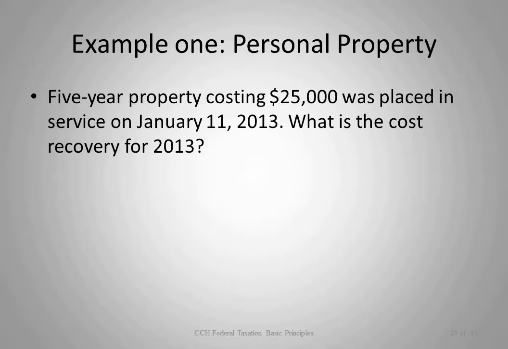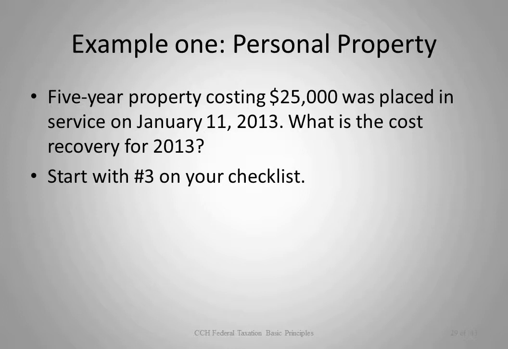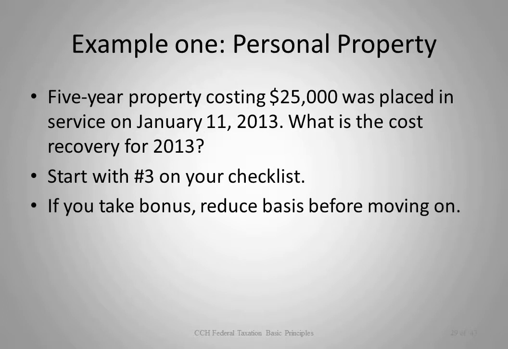So we're going to start at number 2 on the checklist, number 3 because we don't know 1 or 2 yet. So that's the bonus depreciation, right? Is it new? Is the use qualified life less than 20 years? Is the qualified business use greater than 50%? Those are the parameters that you need in order to be able to take bonus depreciation. If you take bonus, reduce your basis before moving on.